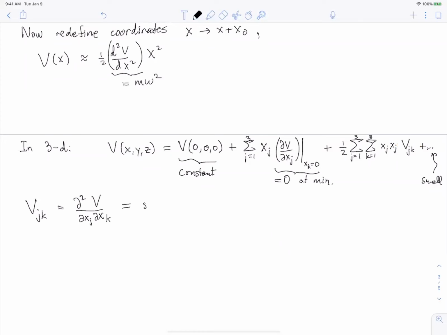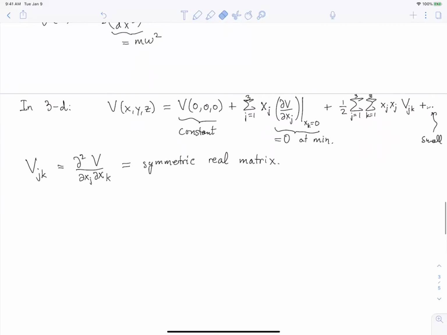Okay, this is a symmetric real matrix. We're not allowing the potential to be complex or anything weird like that. In the real world, potentials are real. And so it doesn't matter in which order you take the partial derivatives.